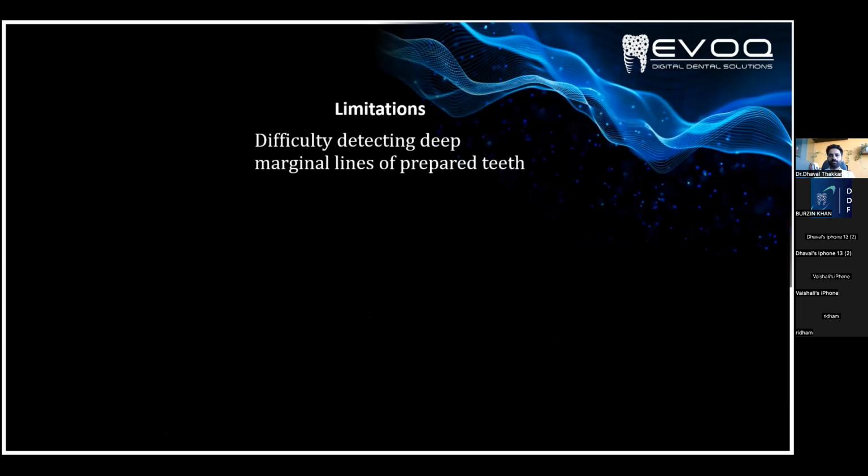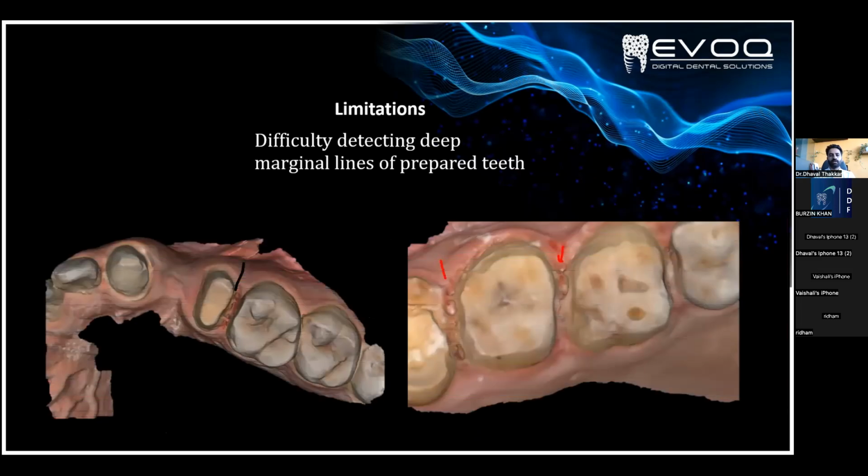So the limitations of the intraoral scanners are that they cannot record deep margins or deep contact areas. Another thing is if bleeding or excess salivation is there, it is always difficult to scan such patients. Like we can see on the screen, there are multiple errors in the scan area. So we can take the impression of the patient, where the impression material can displace all these discrepancies, bleeding, or soft tissue and record the tooth surface properly.